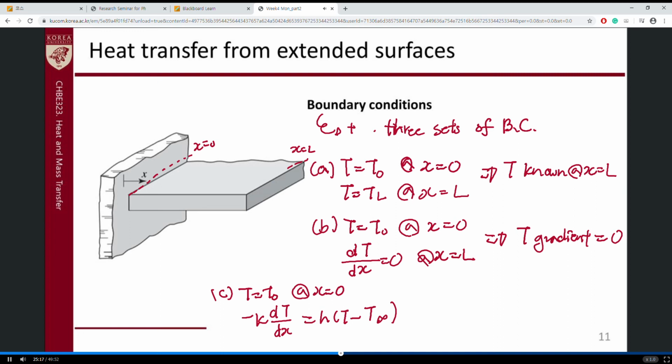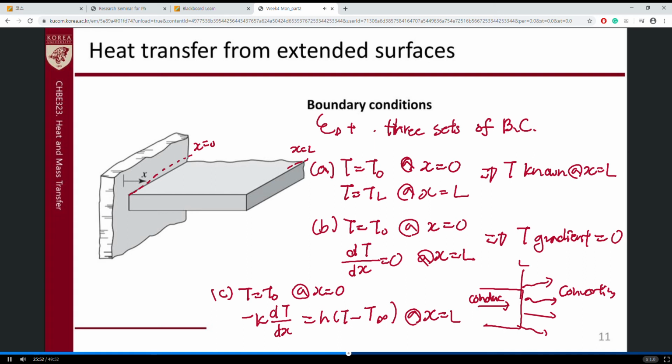The conduction rate is equal to the convection rate at this point. In drawing, this is the end of the fin, and there might be the conduction. It flows like this, and then after it arrives here, it will be out as a convection, right? At this point, they're the same, right?